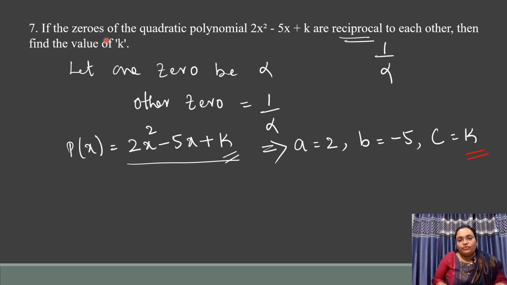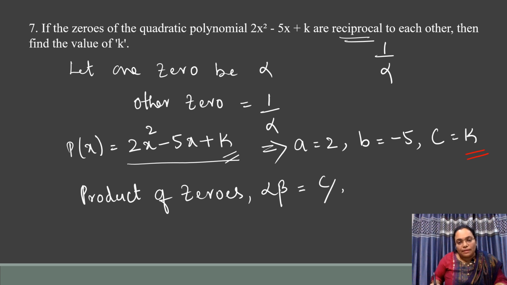Whenever he says the zeros are reciprocal to each other, you will always take the product of zeros. Product of zeros alpha beta is equal to c by a.